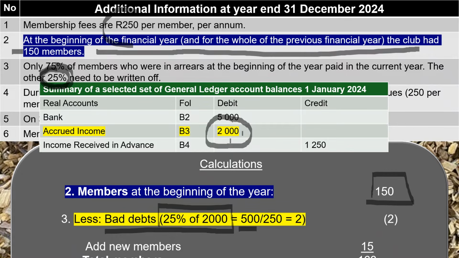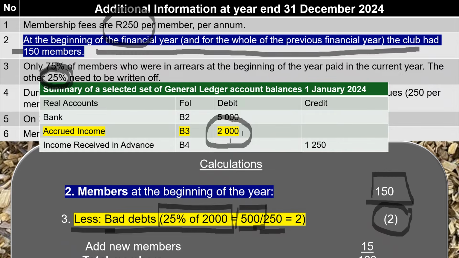The membership fees for each member was 250 Rand. So 500 divided by 250 is 2 members. We'll see there are new members, and then we'll get a total for the members. But let's just record this bad debt. The bad debt is 25% of 2,000, which is equal to 500.